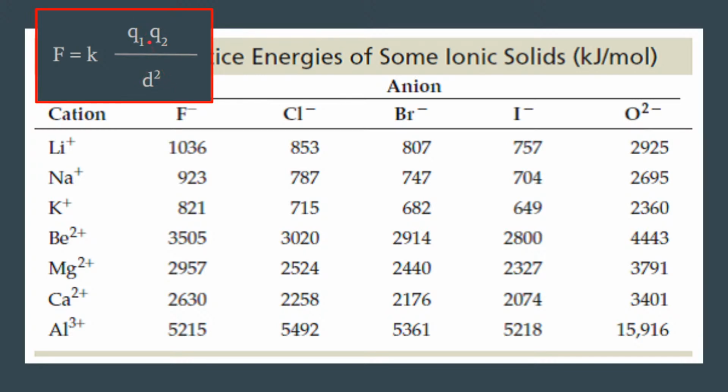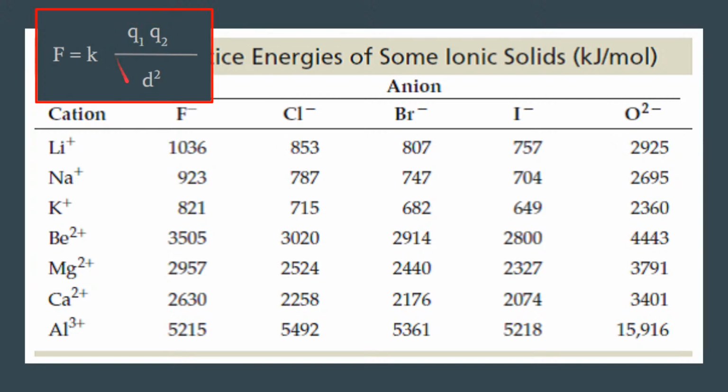So the bigger the charge, the stronger the attractive force between the two ions. The bigger the distance between them, the smaller the attractive force. Smaller charges mean smaller force means lower lattice energy. Bigger charges mean bigger force means bigger lattice energy.